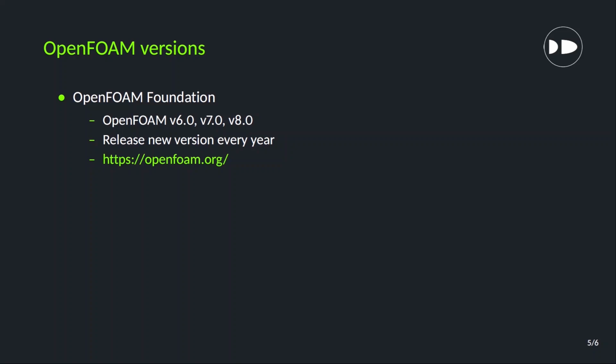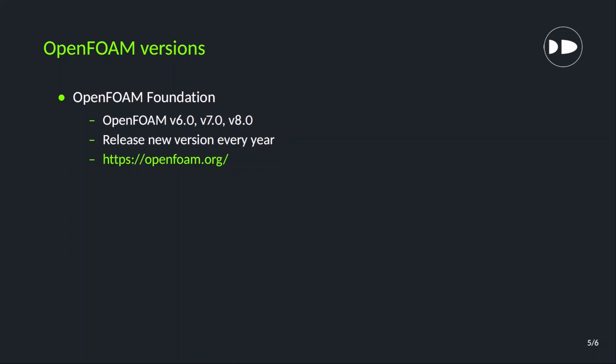Second one is the ESI OpenCFD version. This version is available on the openfoam.com website. You can download the version from there. They name their versions like 1906, 2006, 2012. Basically these numbers are the year and the month of the release date.